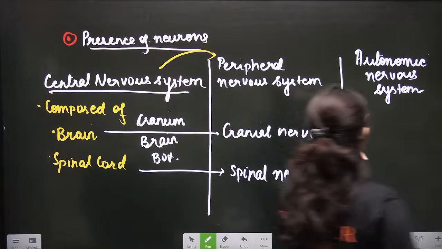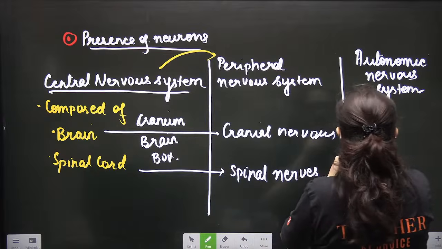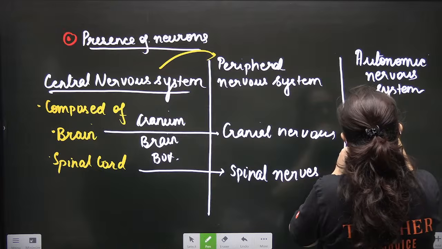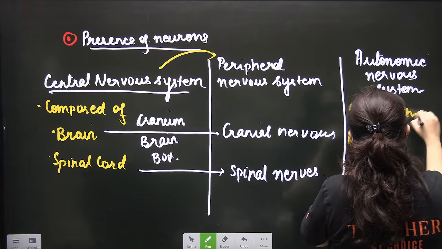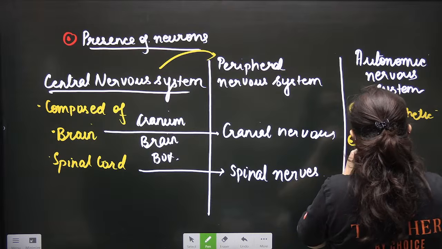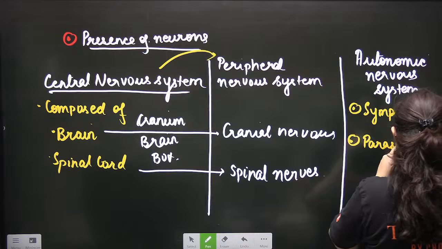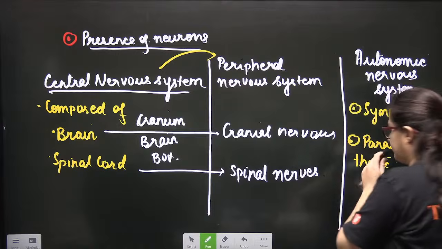Now, the autonomic nervous system has two parts, that is sympathetic and parasympathetic. Okay.